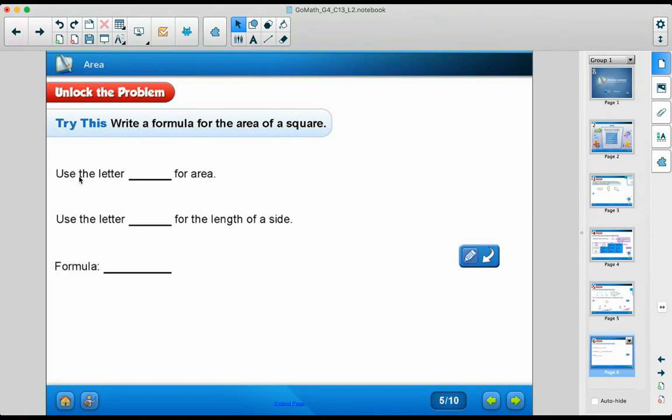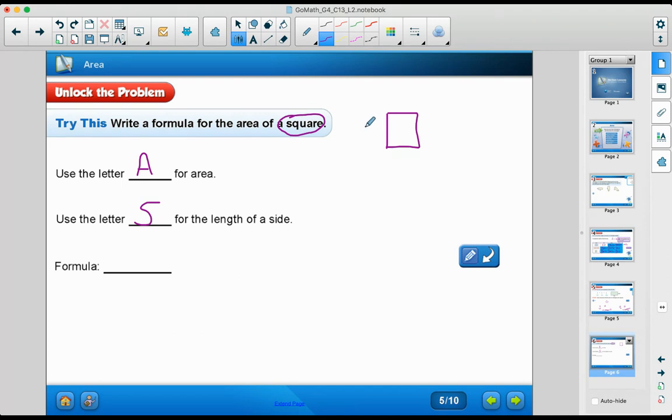Unlock the problem. Let's see, write a formula for the area of a square. Use the letter A for area. Use the letter S for a side because it's a square. So here we have a square, and what do we know about the square? We know that all of these sides are the same.